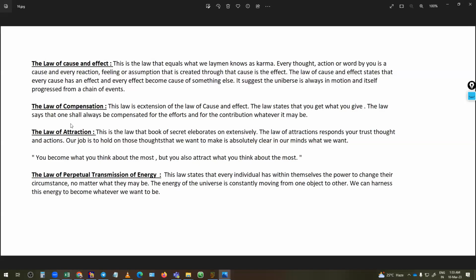The law of cause and effect states that every cause has an effect and every effect becomes the cause of something else. This suggests the universe is always in motion and itself progresses from a chain of events.